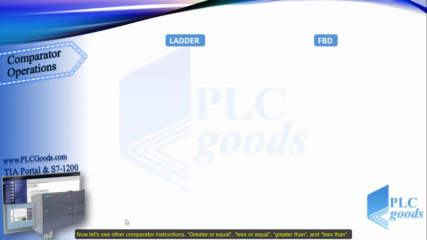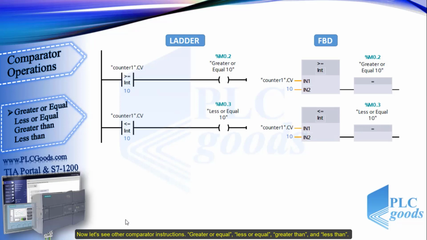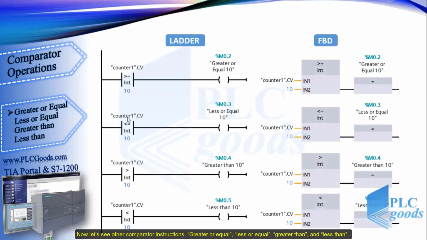Now let's see other comparator instructions: greater or equal, less or equal, greater than, and less than. We can detect each comparator with its sign. For example, see the last line. Here, when the counter value is less than 10, the output will be on.